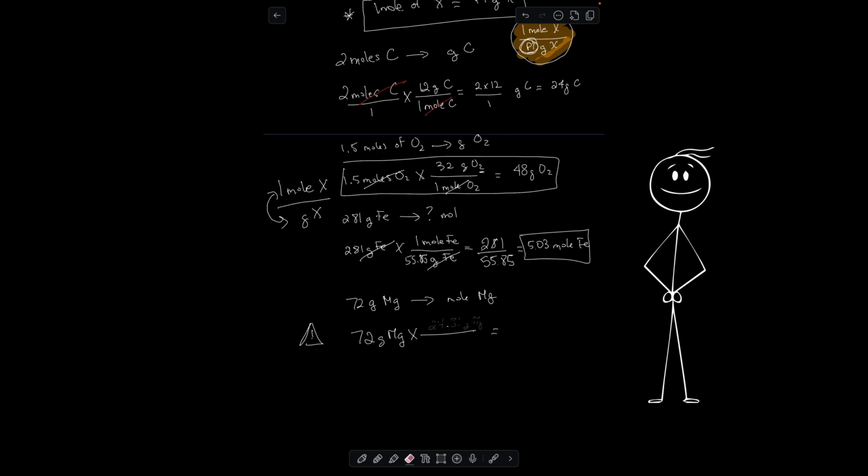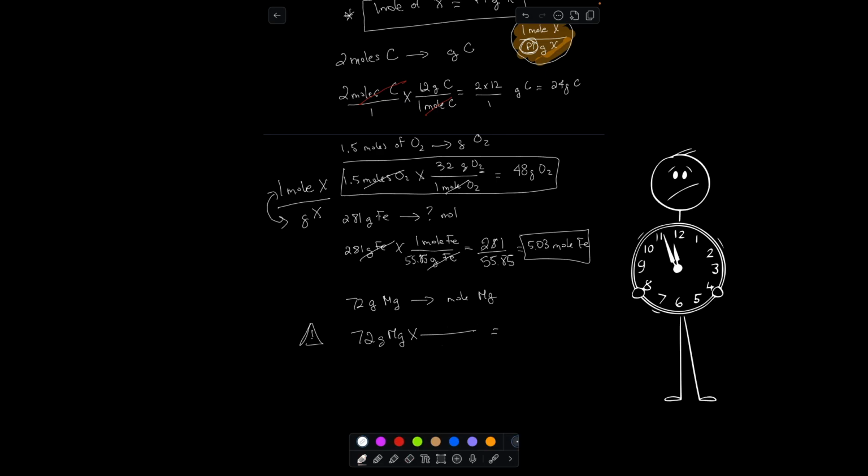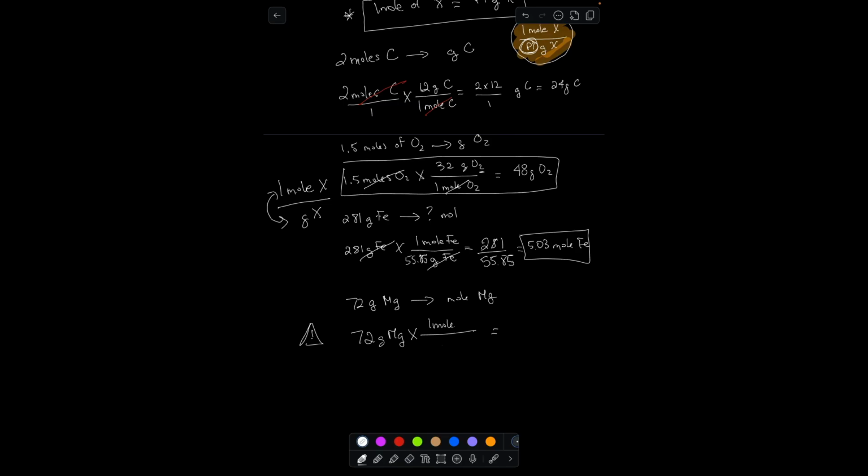So what we're going to do really quickly is change that. We're going to put 1 mole of Mg at the top, and at the bottom now, we can put 24.31 grams of Mg. Now we can cross out the appropriate units, and we end up with 72 divided by 24.31 moles of Mg, which equals 2.96 moles of Mg.